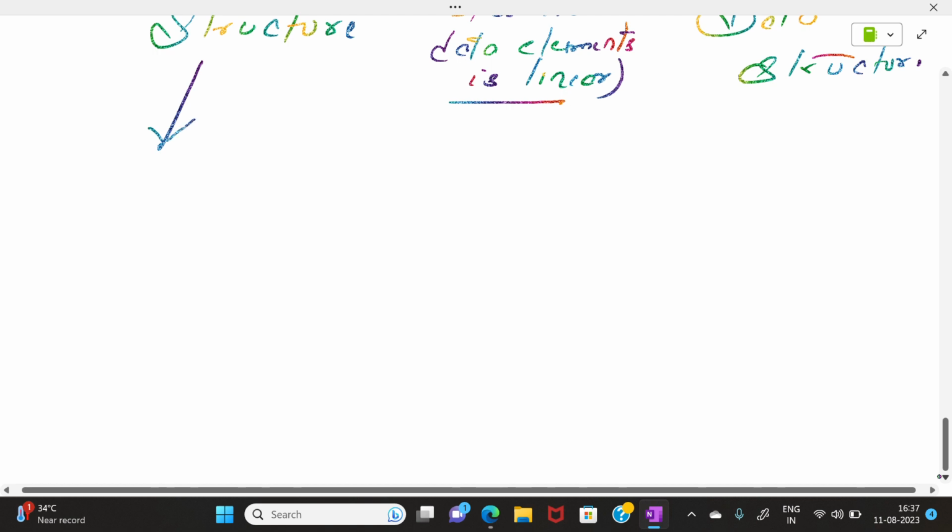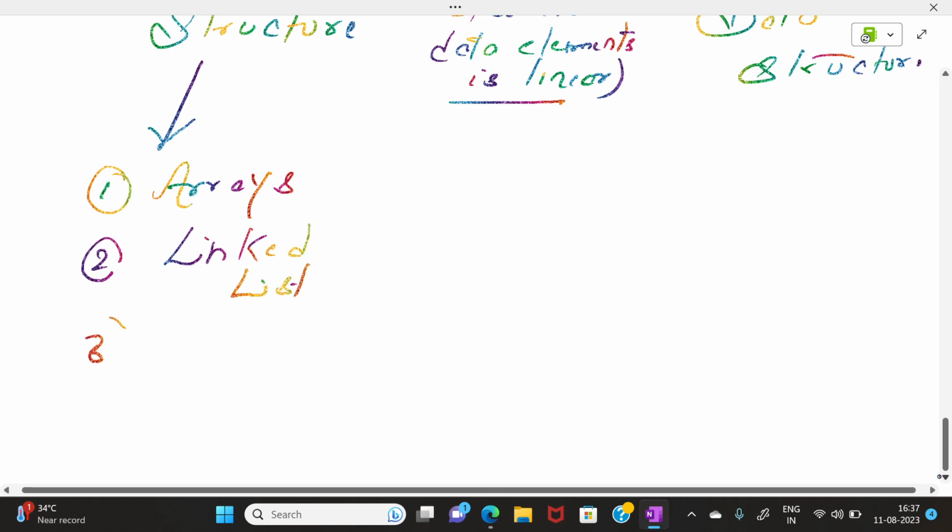Okay, so what are their types? For linear data structure, we have arrays. We all have seen them, but here we'll be discussing them. Second is the linked list. Third is stacks. And fourth is queue.